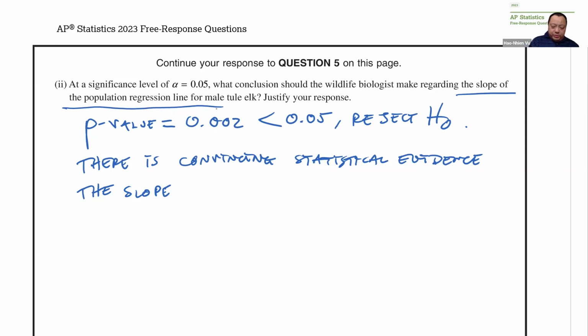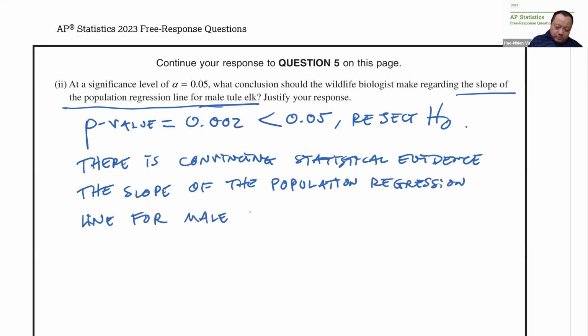That's the parameter in the context. Is not 4.5. And the unit of the slope is kilogram per centimeter, but they have not been using it, so I'm not going to put it in.